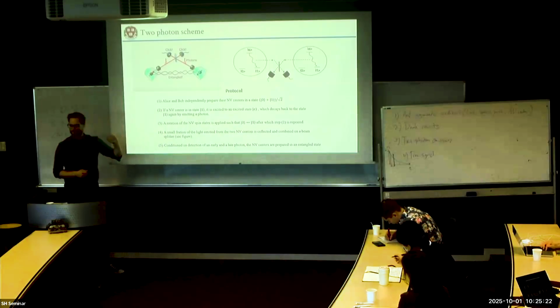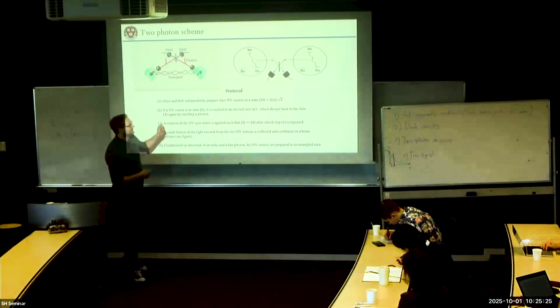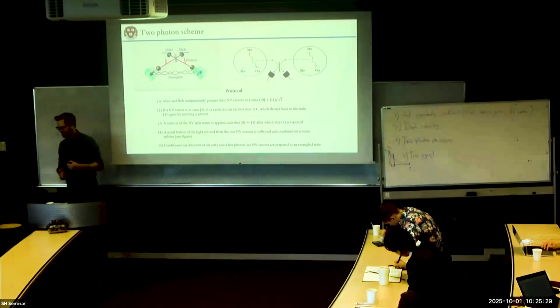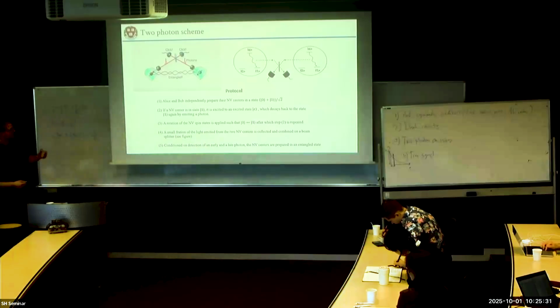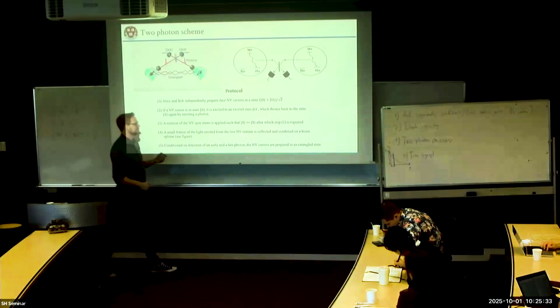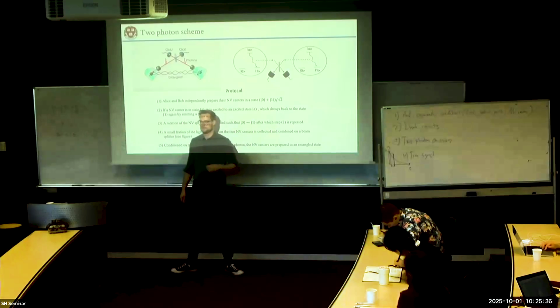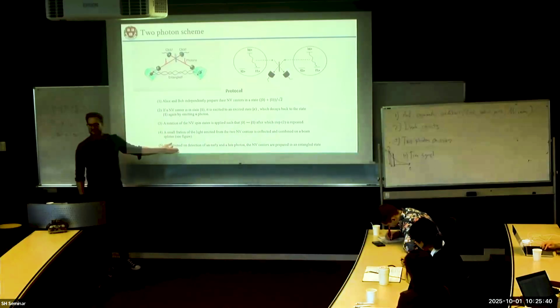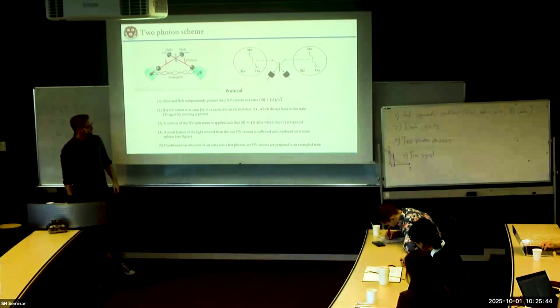All right, so the two photon scheme is exactly the same setup. The only thing is, I'm now assuming that I can do some more things. So I will no longer prepare it in this asymmetric superposition. I'm going to prepare it in an equal superposition of 0 and 1. If I'm in 1, I'm going to excite to E and decay, just as before.